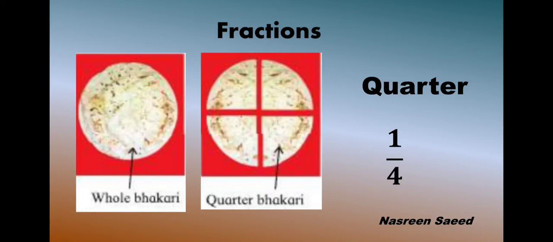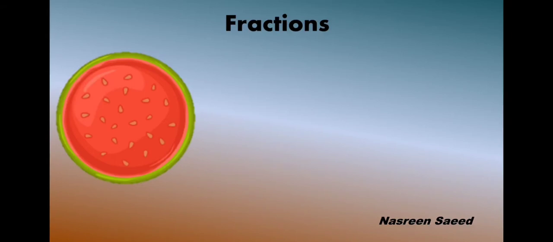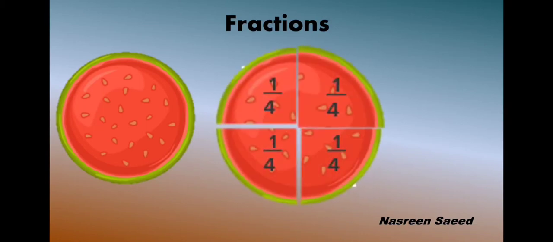Okay, let's go ahead. 3 children brought a watermelon and asked their grandfather to divide it equally among the 4 of them, including the grandfather also. Grandfather divided the watermelon into 4 equal pieces. Each piece is 1/4.